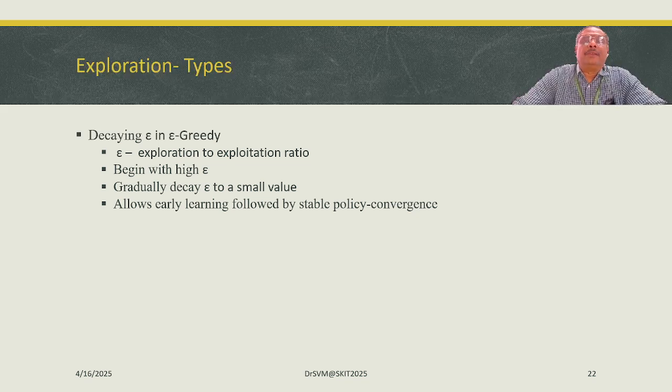The next topic is decaying epsilon in epsilon greedy. Epsilon greedy is a process where epsilon is a ratio of exploration to exploitation. That means how much of the time the system is going to explore and how much of the time the system is going to exploit.